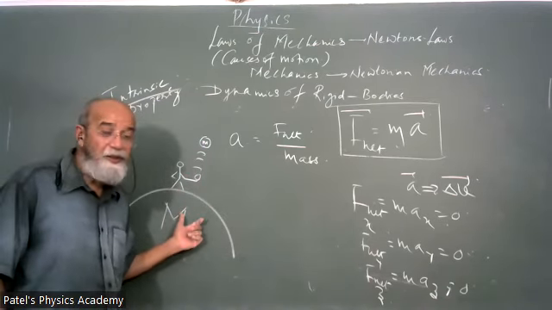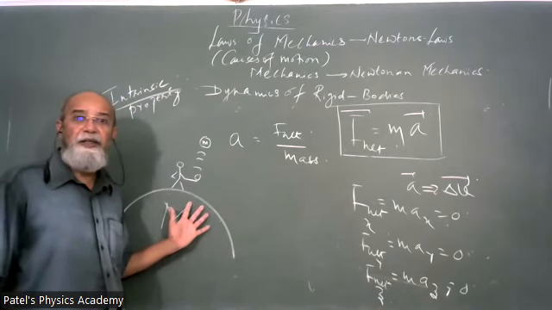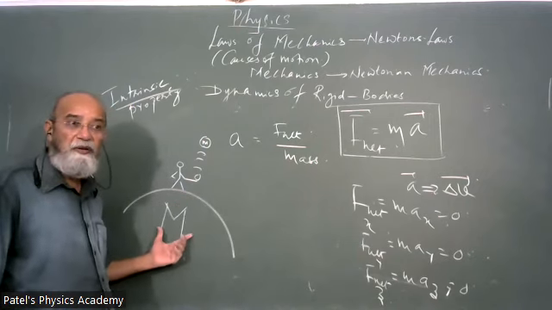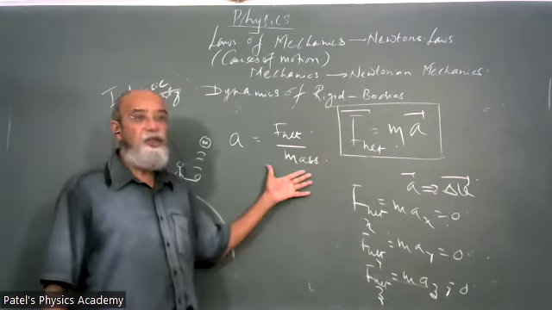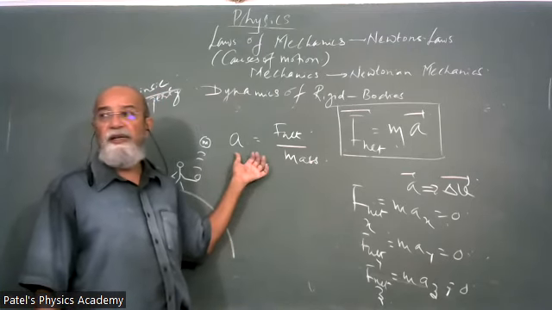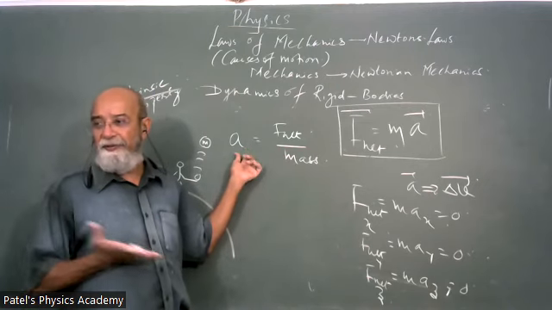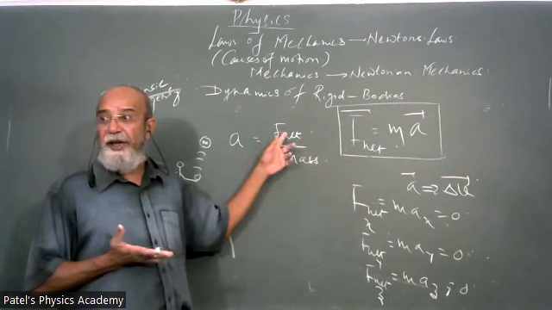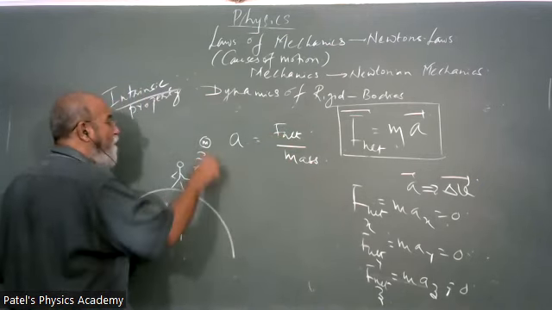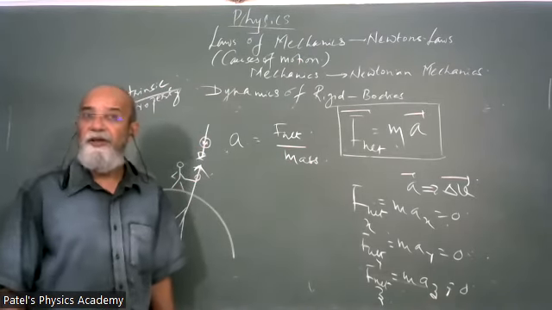Then how is it that I am not experiencing the Earth moving towards the ball? It's because the mass is so huge that the acceleration is in micromillimeters per second. I don't feel it. Both are experiencing the same force, which is the gravitational force. You understand?